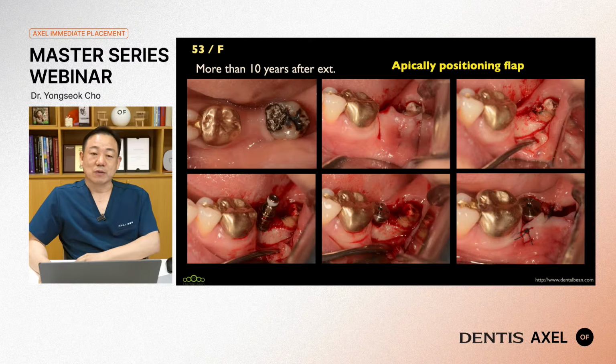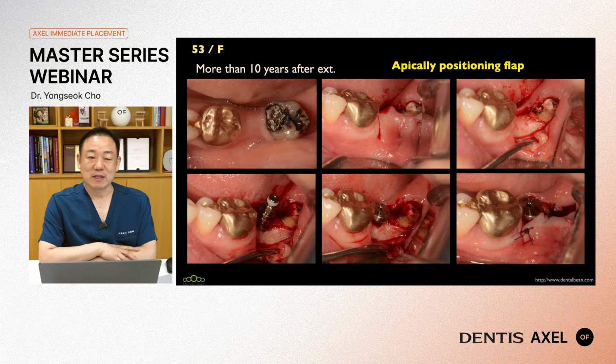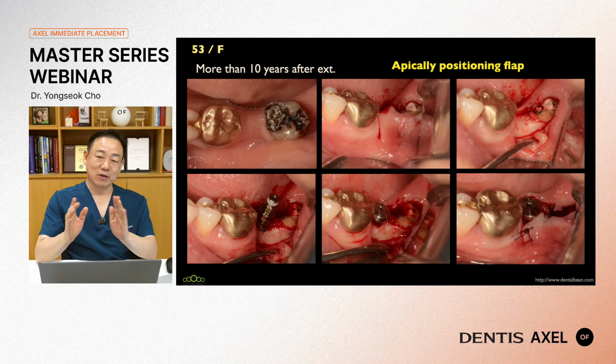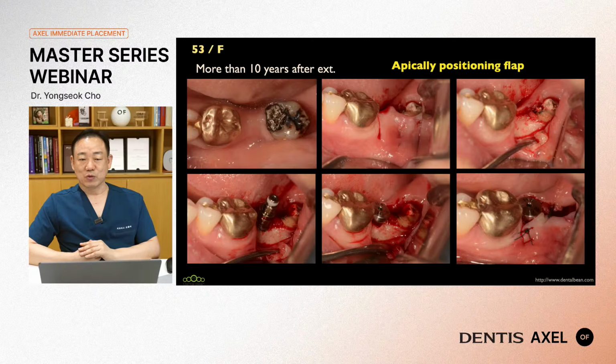This is a delayed, late implant surgery case, about 10 years after extraction. As a result, around the number 7 site, the ridge is narrowed and lacks attached gingiva. I tried a papilla saving vertical incision, and after placing the implant, apically positioning suture was done.